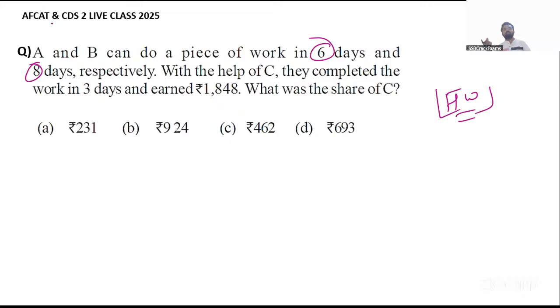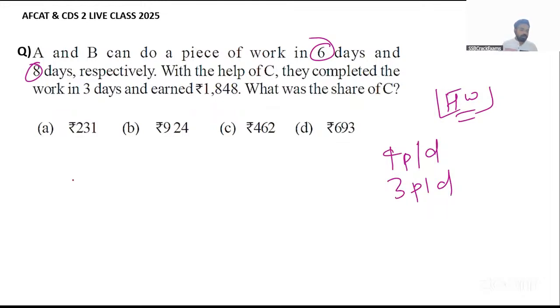The LCM of 6 and 8 is 24, so the work is 24 parts. Like the previous question, A will do four parts per day and B will do three parts per day, because it is completing in 8 days.